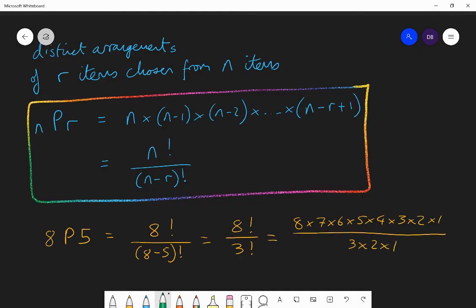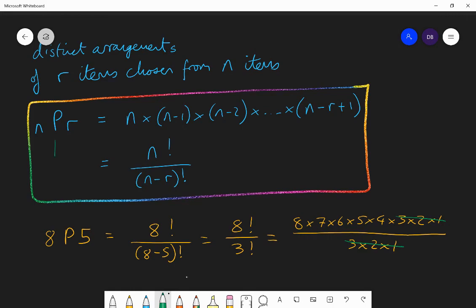And you can see you can cancel the 3 times 2 times 1, and you'll be left with 8 times 7 times 6 times 5 times 4, which is the calculation we did when we used common sense to answer it. That's just for your algebraic interest.